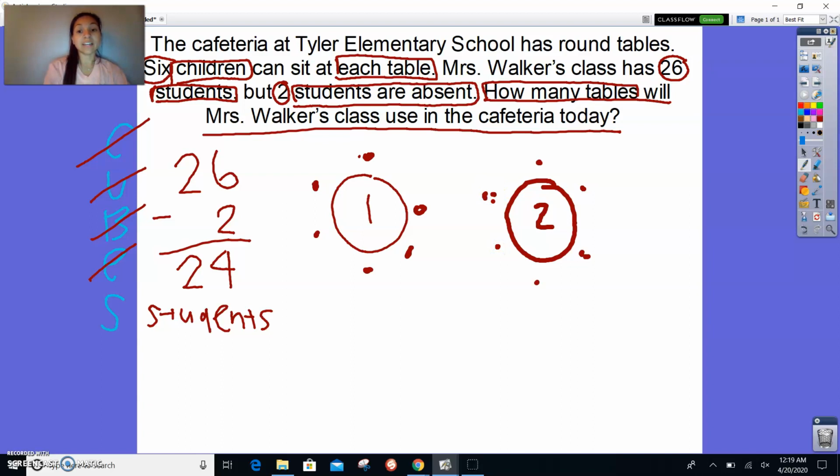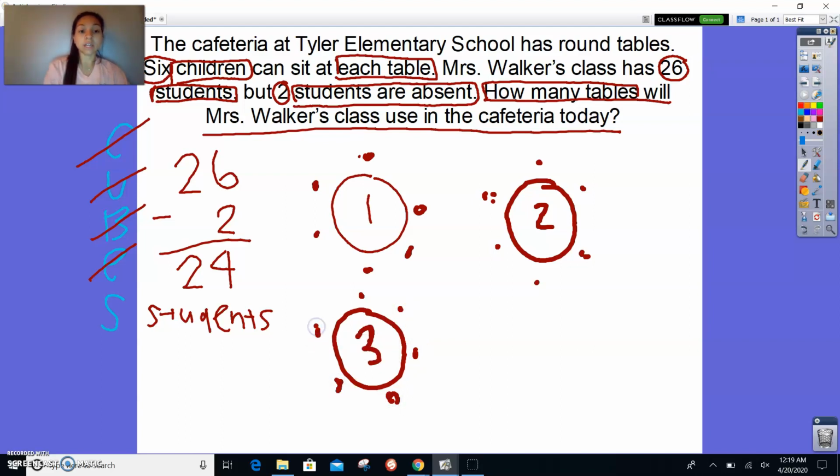So I have 6, I have 12. I'm not at 24 yet, so I need to draw another table. Table 3. There we go. So I'm at 12. 13, 14, 15, 16, 17, 18.